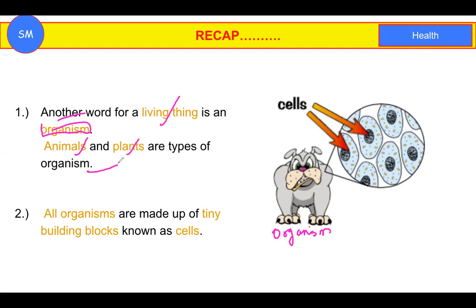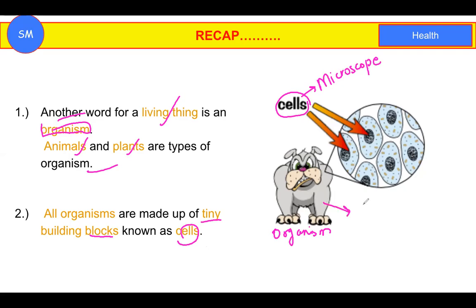Moreover, we have also seen that an organism is composed of very tiny building blocks, which are known as cells. You can see cells here. These tiny building blocks cannot be seen by the naked eye, so we usually use a microscope to see them.